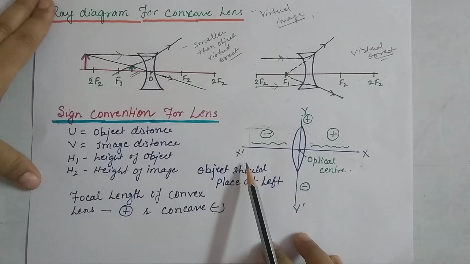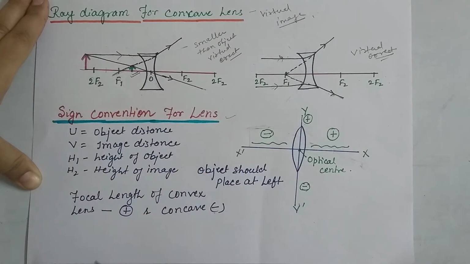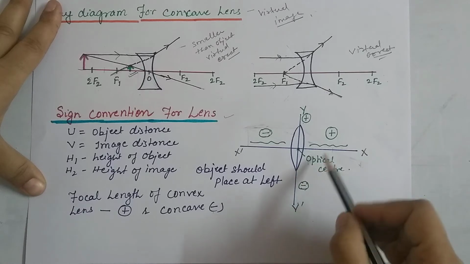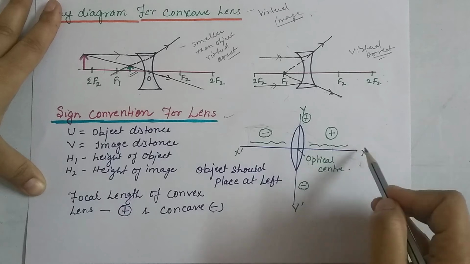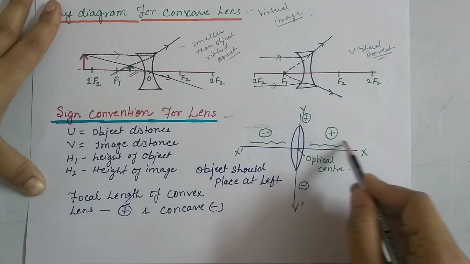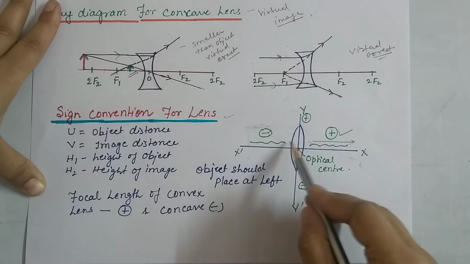Now the second topic is the sign convention for lenses. We already know the new sign convention we studied in the mirror, when we studied the spherical mirror. The same rules apply here also. So you are able to see that the basic coordinate system is applied here. This is your x-axis, this is your y dash, x dash. All the things present on this side are considered positive.